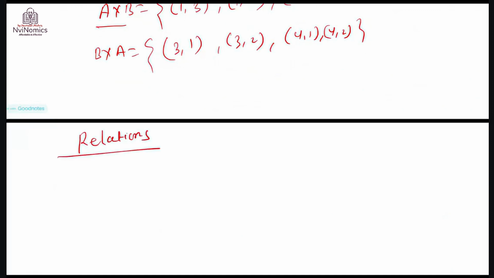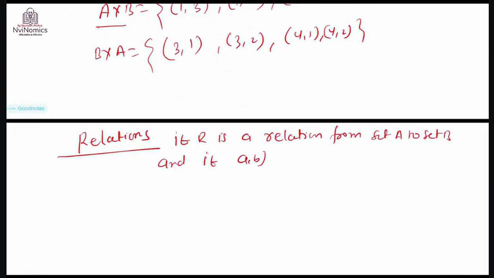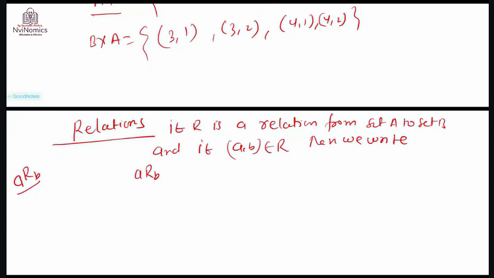Basically, if R is a relation from set A to set B, and if (a, b) belongs to R, then we write a is related to b.